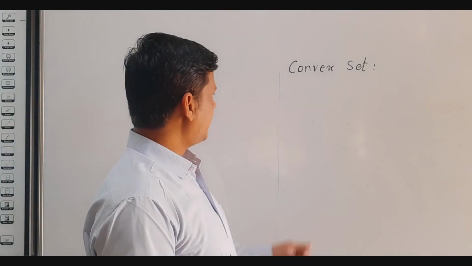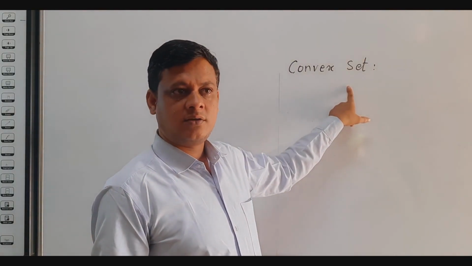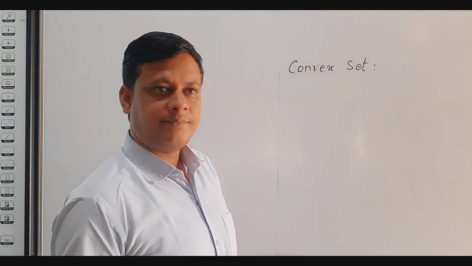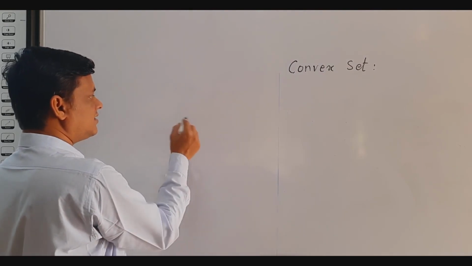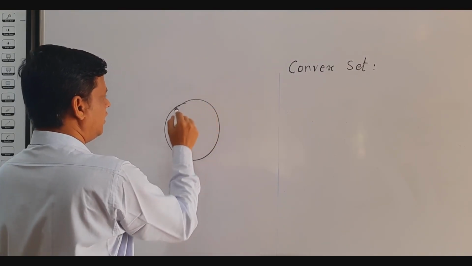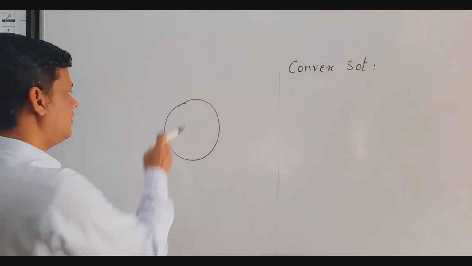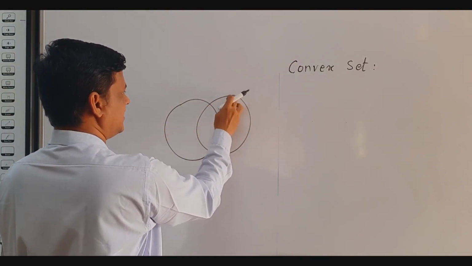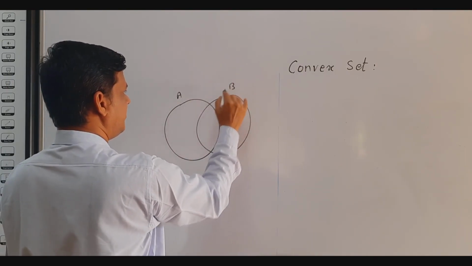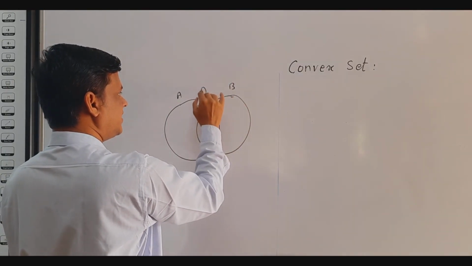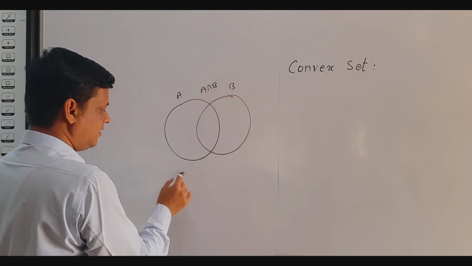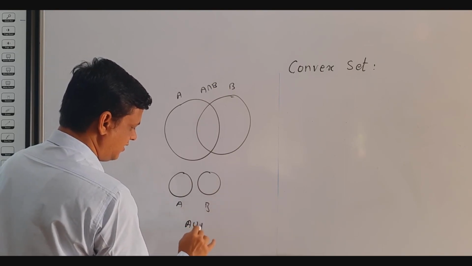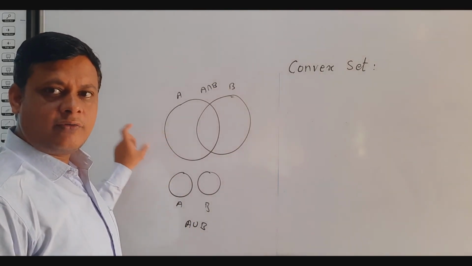Now see the next topic, convex set. You already studied Venn diagrams, where we represent a set in a closed curve. If more than 2 sets are given, suppose sets A and B, their intersection we represent by A intersection B, and their union we represent in this way. These are the 2 Venn diagrams.